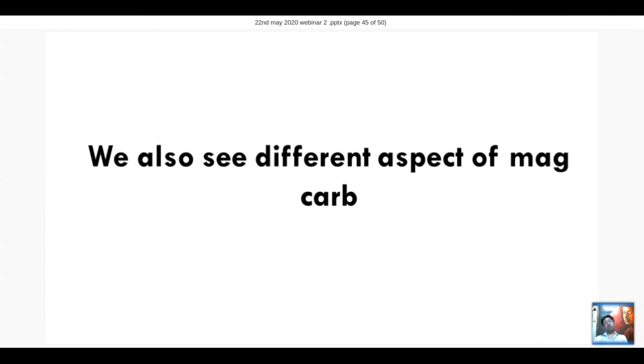We also came to know about the desires and aversions, like desire for meat and aversion to vegetables, raw food, and salads, and the peculiar aggravation from cabbage. It is only in Magnesium carb, sour eructation from cabbage, right? Then we also know that Magnesium carb has the symptom that menses come only at night, right?